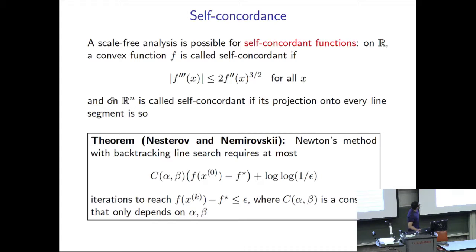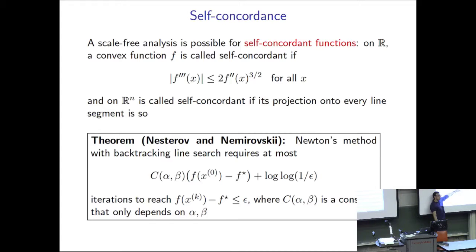And if you have a function on Rn, then we call it self-concordant if you look at it along every line segment and that univariate function meets this definition. For self-concordant functions, there's this very beautiful development due to Nesterov and Nemirovsky, and this pours over into interior point methods, as I mentioned. It tells you that Newton's method, with the same considerations, backtracking line search with parameters alpha and beta, takes exactly this number of iterations to converge, no matter the conditioning of f.